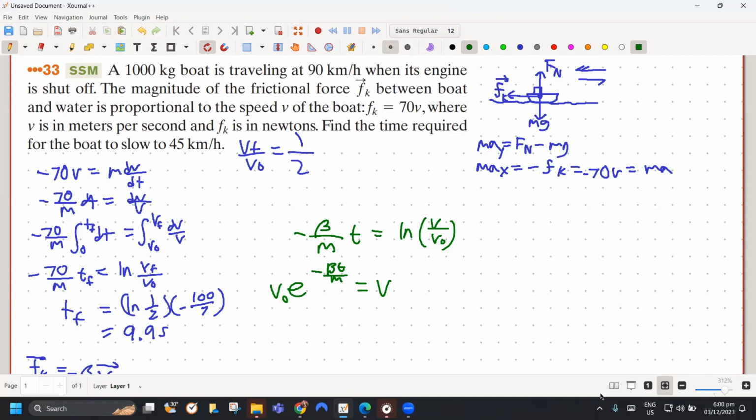Now remember, we're using v as velocity, not speed. That's why I prefer that you use a subscript, v_x. So ln of v_x over v sub 0.